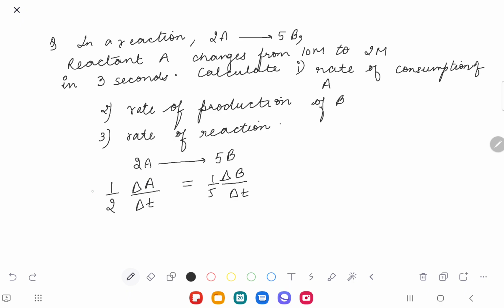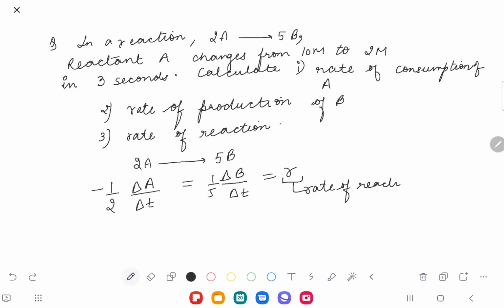And I should put a minus sign with the reactant side also, because delta A was negative. So in order to make that negative positive, I have applied a negative sign here, so that the entire rate becomes positive. And this is called my rate of reaction. Small r indicates rate of reaction.